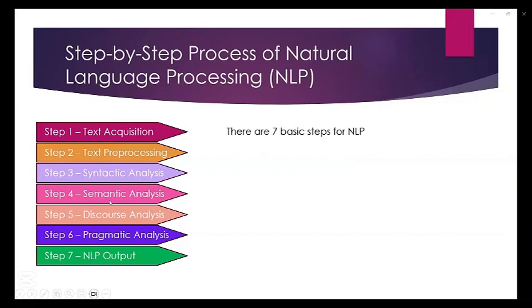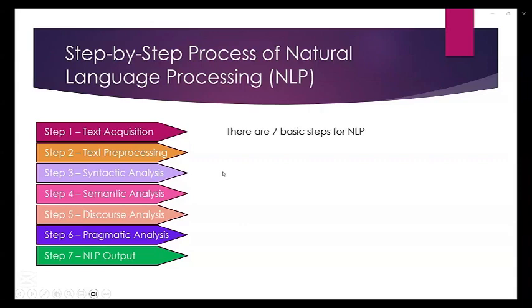Then the fourth step is semantic analysis. Then the fifth step is discourse analysis. Then pragmatic analysis. Then NLP output. Right. So we will discuss all these steps one by one.